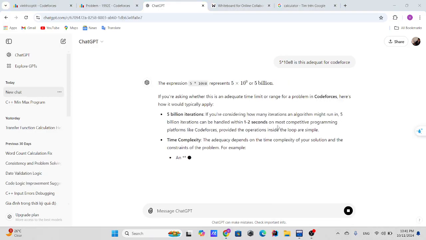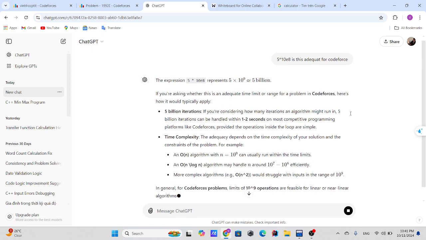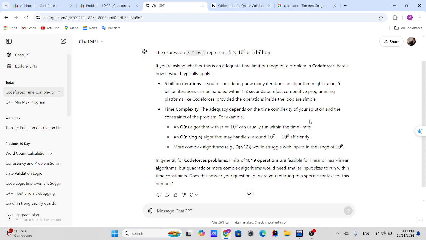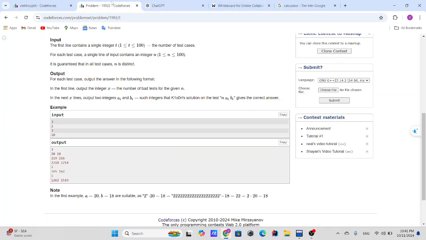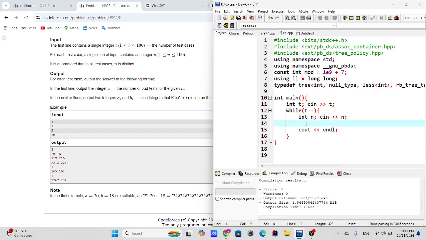Mm, yeah, that's pretty small. Inf can be handled on most, so okay, it might be alright, but I'm not sure really.